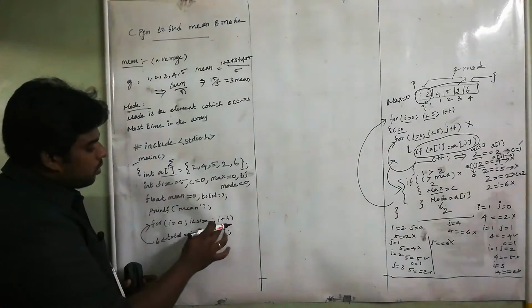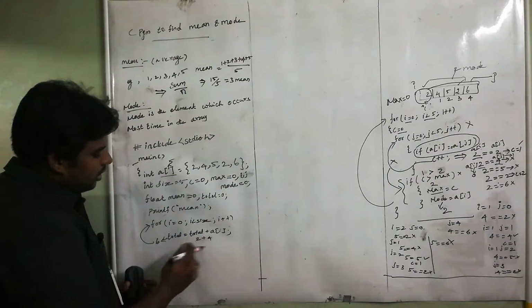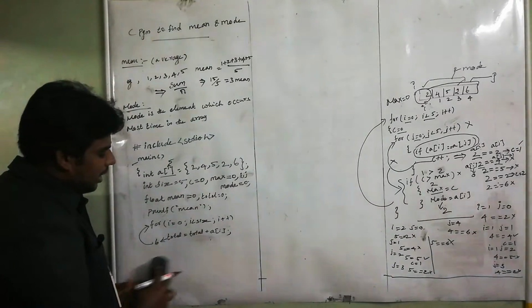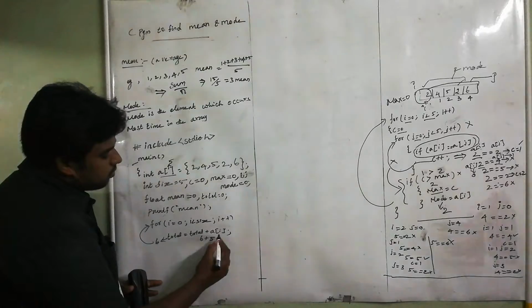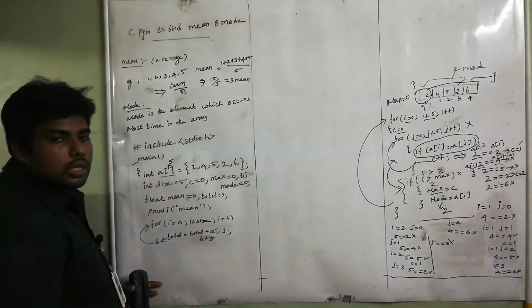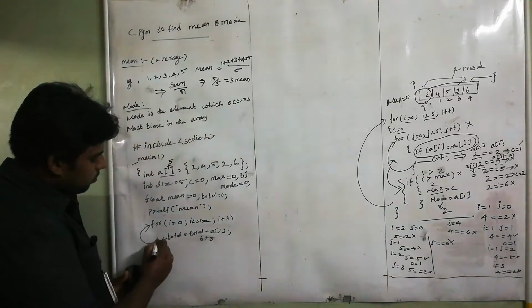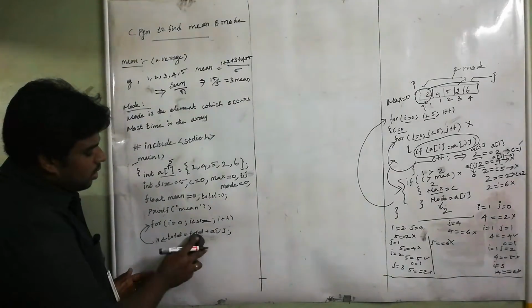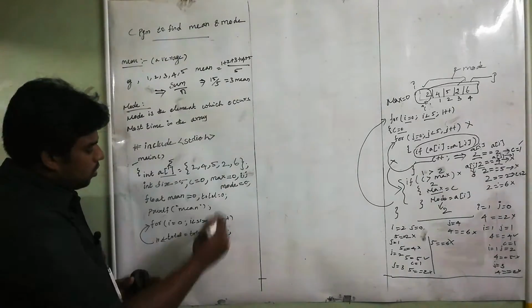Again for loop. Now I plus plus. So I value is 2. So already 6 is here, right? 6 plus 5, so it is 11. Okay, again next for loop, I will be incremented, now 2.